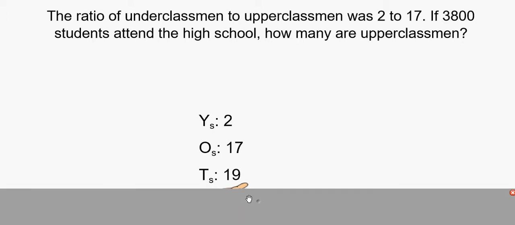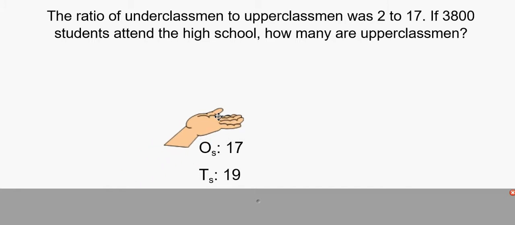Now, what are these subscript and variable type things going on here? I used Y because U and U don't really help me. So younger students is what the S is. Upperclassmen, older students, and then total students, 19. Right? Grab our deformed hand, and what ratio do we want?